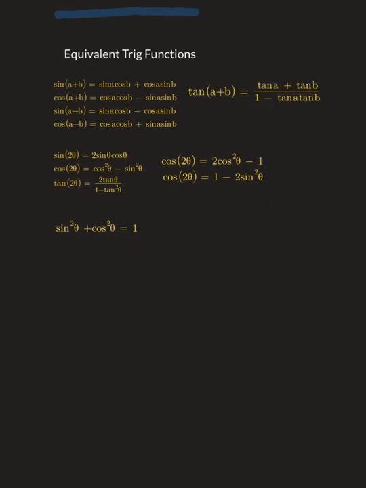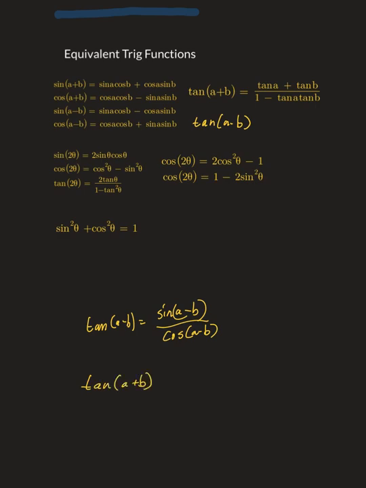Now the same sort of thing can be done for tan of A minus B. We could either just use sine of A minus B over cosine of A minus B, or we can actually use tan of A plus B now that we know it, and just replace B with a negative B, right?